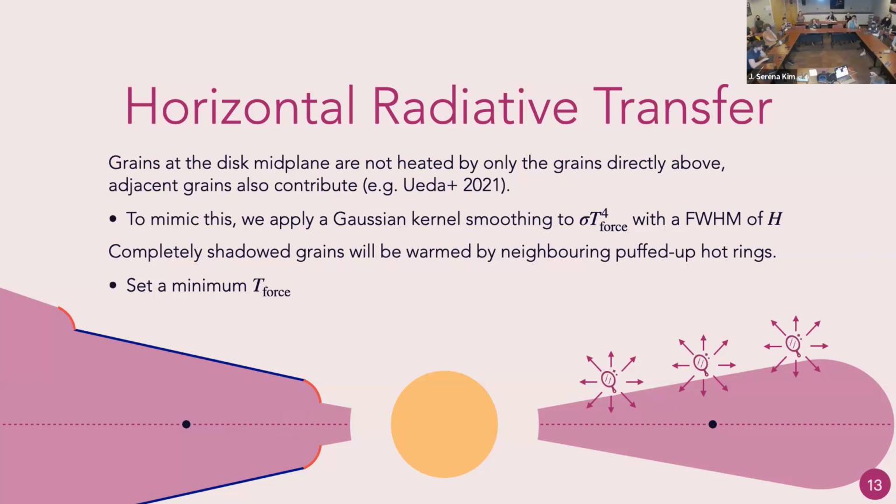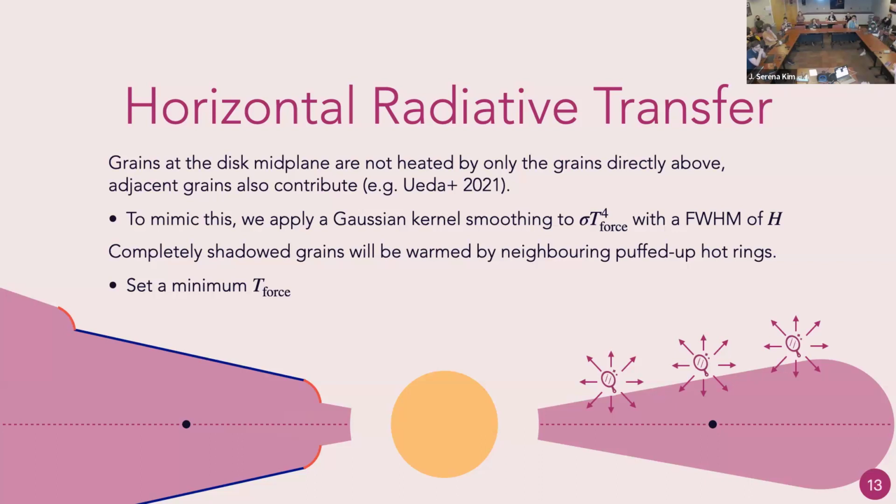And so if the optical surface is further away from the disk midplane, the forcing temperature has a smoother profile because it's being irradiated by more of these lights. Next, if you're at a portion of the disk that's in a very deeply shadowed region, where hot rims are at distances larger than the optical surface height, you still won't ever reach a temperature of 0.